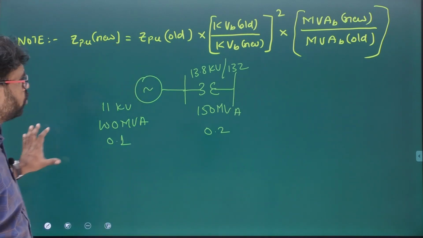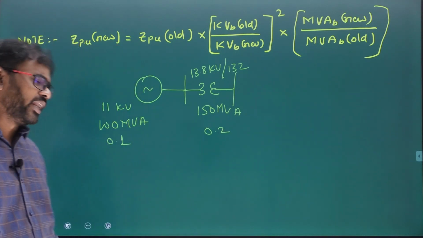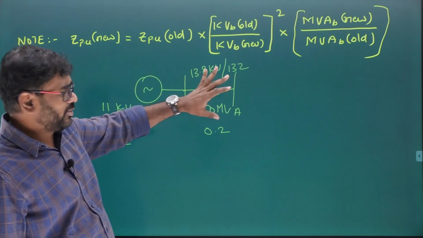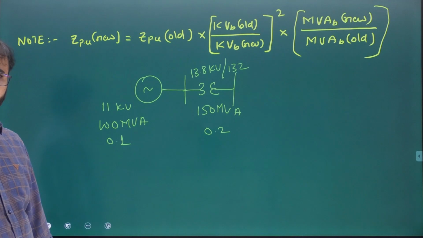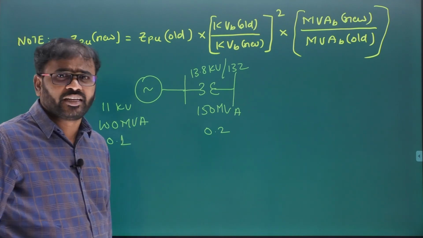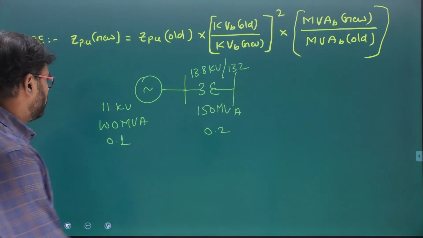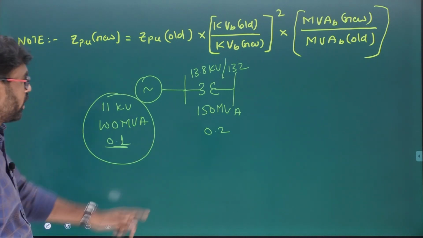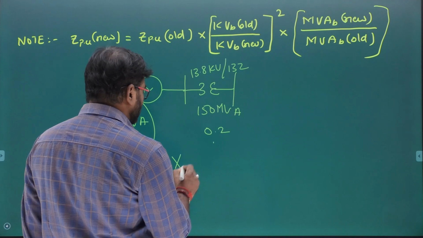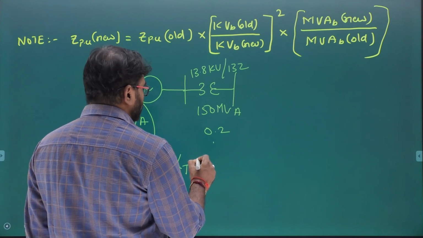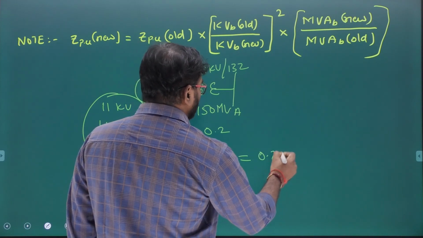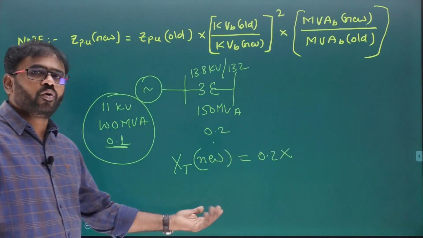You have to do the analysis on this network, fault analysis for example. Then the generator and transformer must be converted to a common base. Common base means, for example, I have selected the generator rating as base. If you select the generator rating as base, the generator per unit reactance will remain the same. But the transformer per unit reactance will change. The transformer per unit reactance new equals the old value multiplied with KVB old.